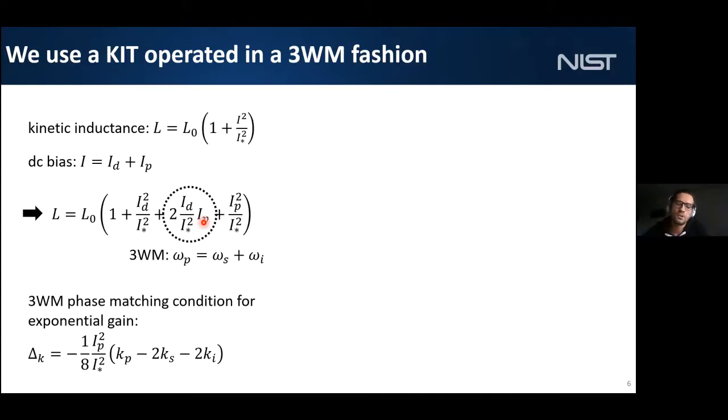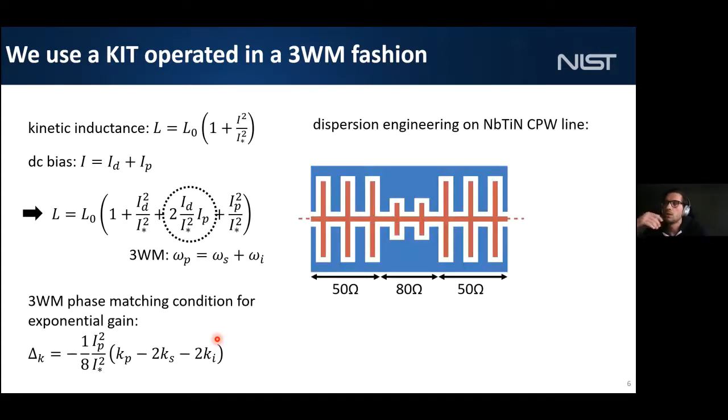Now, the phase matching condition in those KITs is expressed, I wrote it here, where the k's are the wave numbers for the pump, the signal, and the idler. And so what we do is we do dispersion engineering to have a line that respects this condition. And more precisely, the line actually looks like this. So it's an NbTiN CPW type of line, where in blue here is the ground plane and in red is the central part of the line.